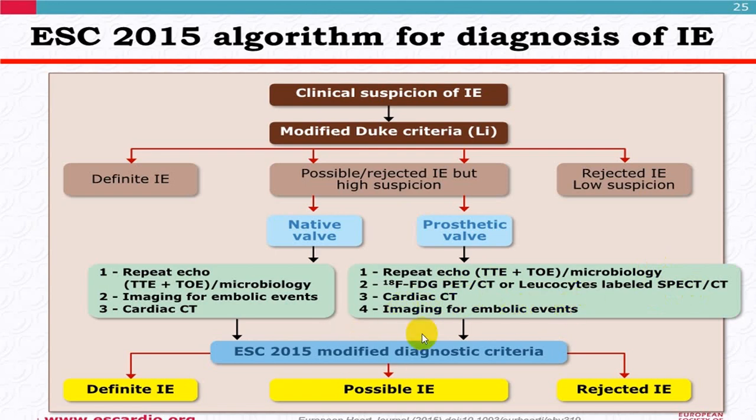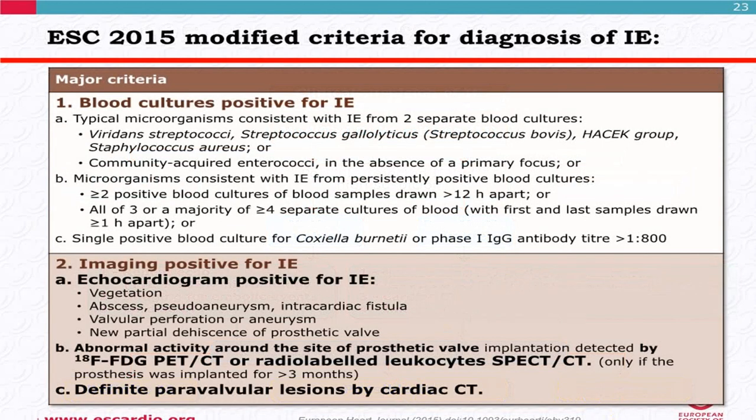And then according to that, there was again a modified diagnostic criteria by which you have to now divide into definite infective endocarditis, possible infective endocarditis, and rejected infective endocarditis. We'll be going through one by one.